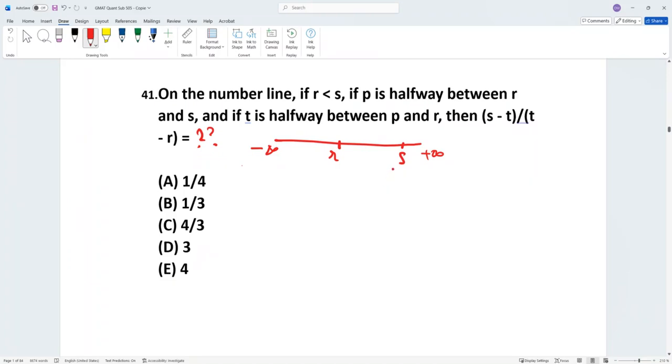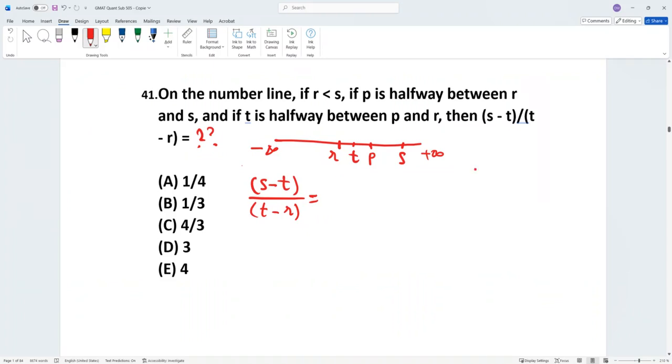And P is halfway between R and S, so P is at the middle here. And T is halfway between P and R, so T is here. So now we need to find the value of this operation, (S minus T) over (T minus R), must be equal to what?